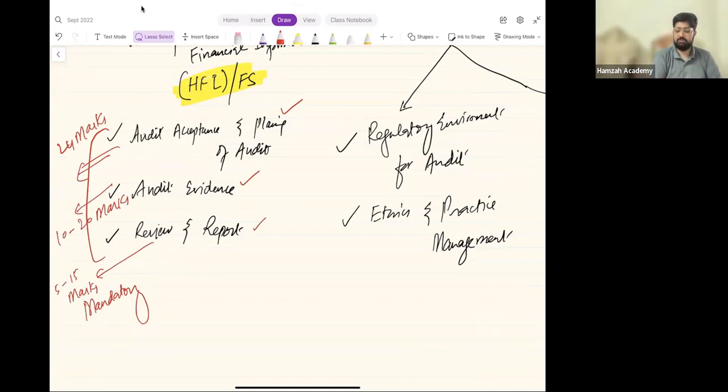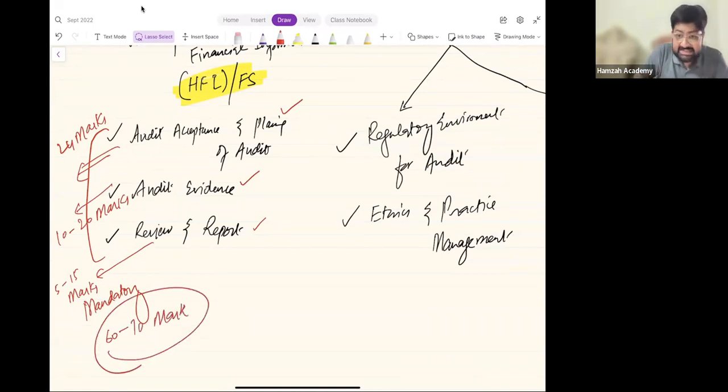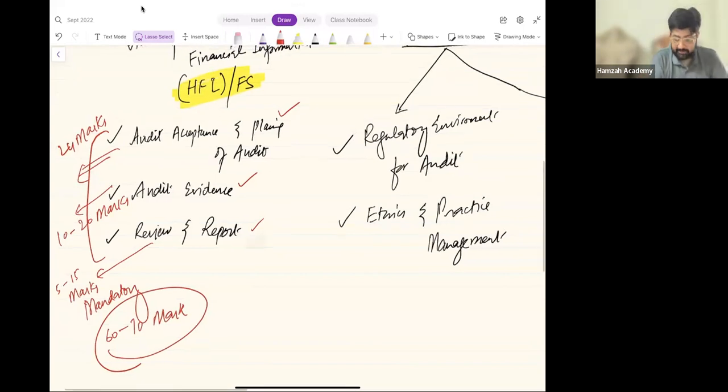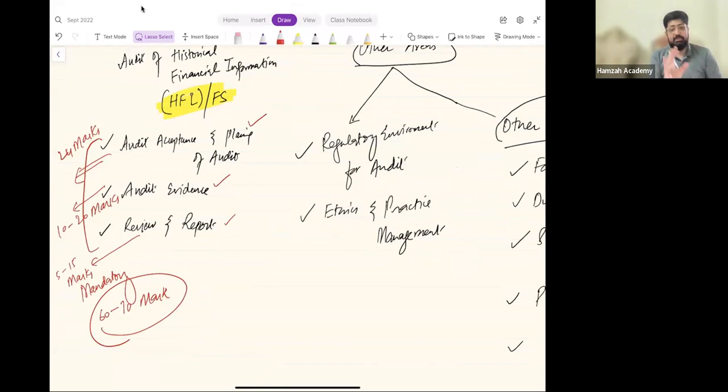Mandatory testing. On average, you will find a minimum of 60 to 70 marks on this section. And this section is usually 70% of the paper preparation, so it takes 70% of the time as well for the preparation.